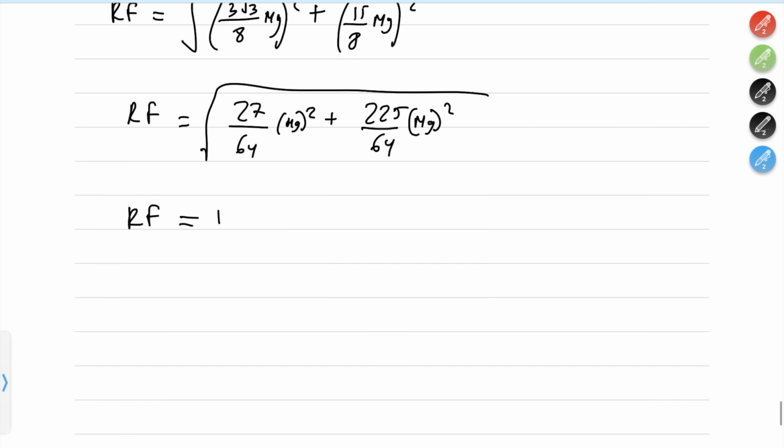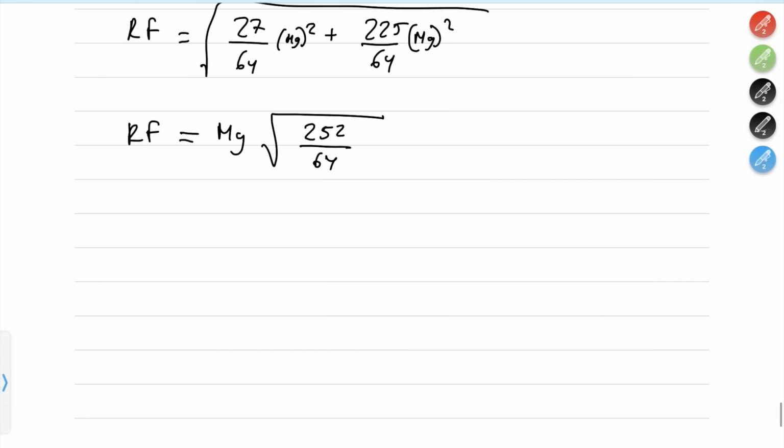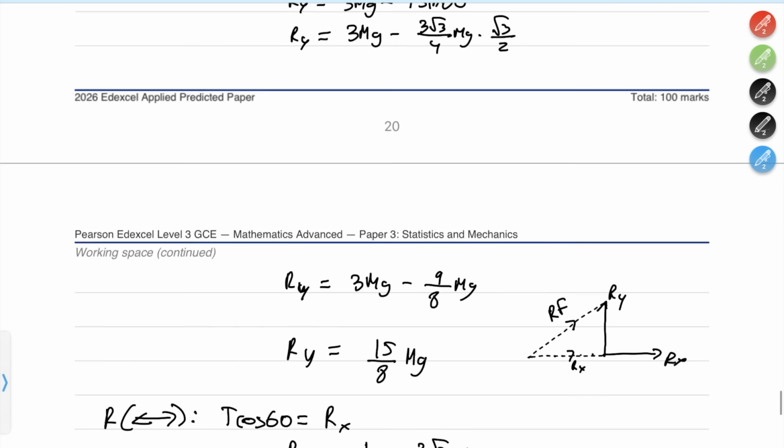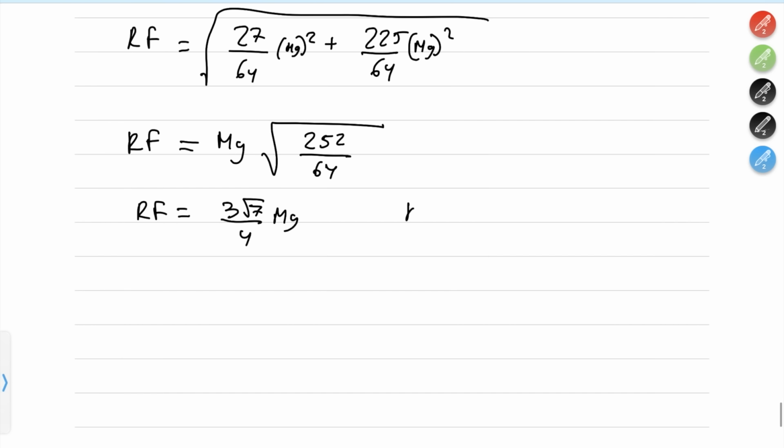So it becomes mg root, 225 plus 27 is 252, and the denominator stays the same. So root 252 over 64 becomes 3 root 7 over 4, so it becomes 3 root 7 over 4 mg. And I believe it said k is an exact third, so we can say k is equal to 3 root 7 over 4.